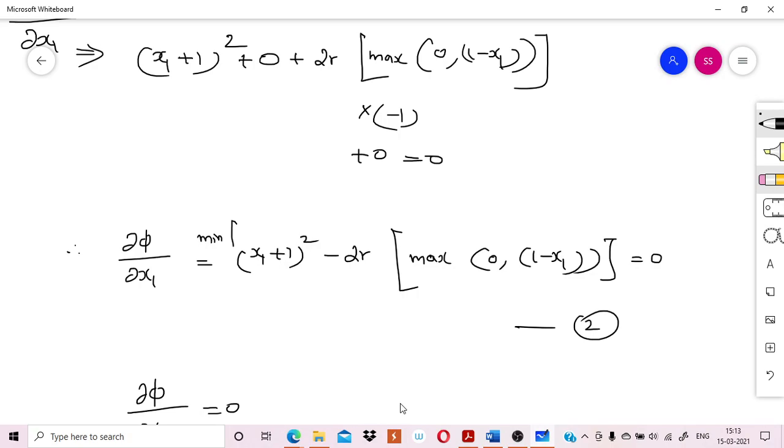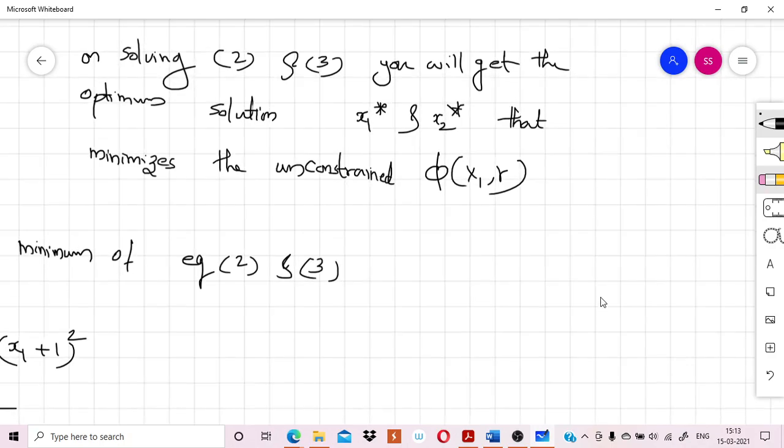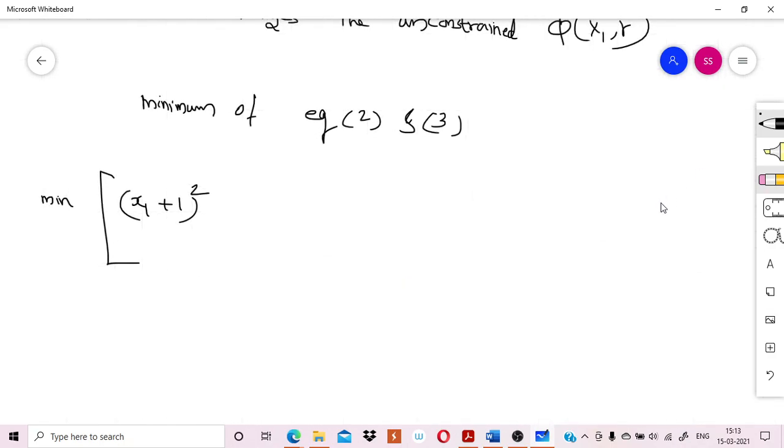If you take 0, then you will get an equation, and if you take 1 minus x1, then you will get another equation. So you can derive two equations from 2. You can have these two combinations, that is minimum of x1 plus 1 whole square and x1 plus 1 whole square minus 2r into 1 minus x1, is equal to 0.